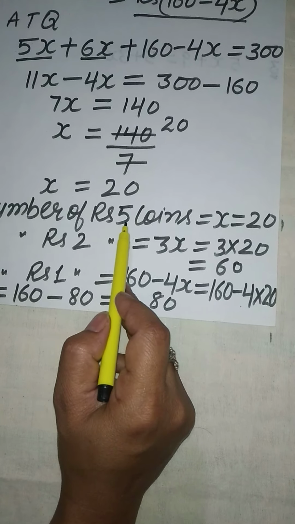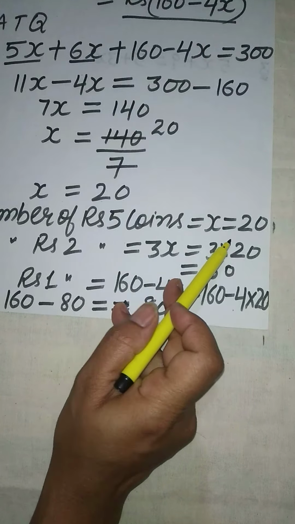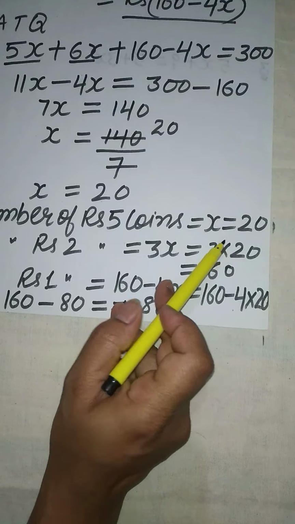So the number of rupees 5 coins is 20, rupees 2 coins is 60 and rupees 1 coins is 80.